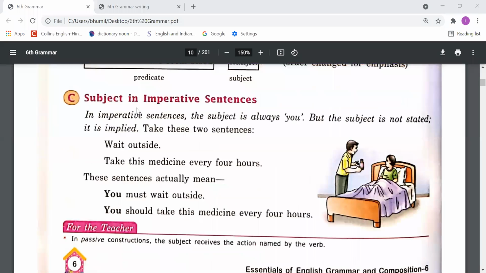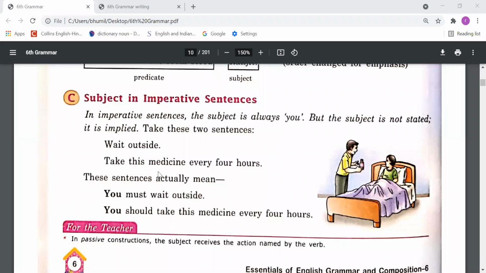Subject in imperative sentences. In imperative sentences, the subject is always you, but the subject is not stated, it is implied. Take these two sentences: wait outside, take medicine every 4 hours. So dear student, in this point we have to understand, in imperative sentences the subject is implied, meaning the subject is hidden.